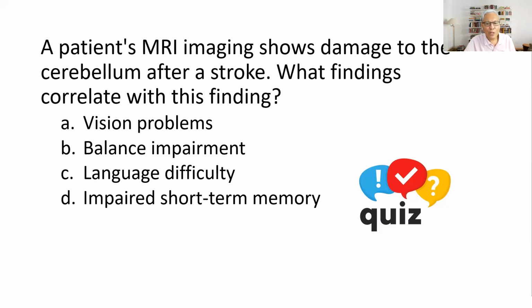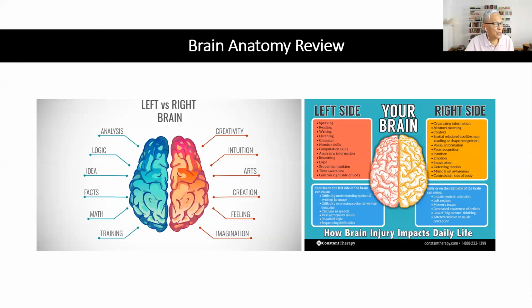All right. When we look at the cerebrum, the brain consists of two halves. One is the left and the other one is the right, and we call these the hemispheres of the brain.